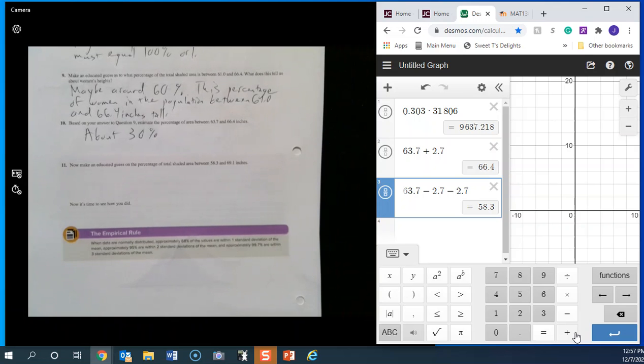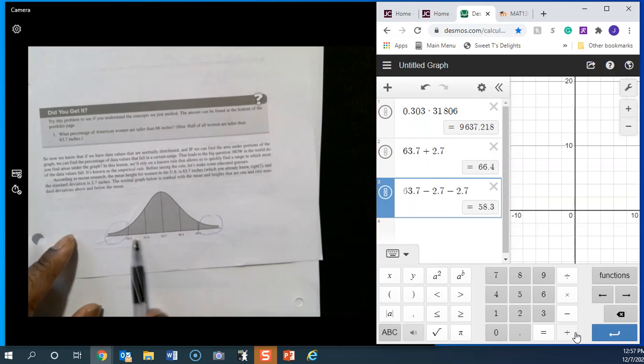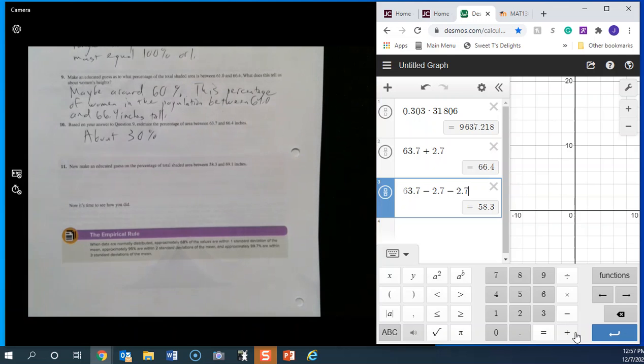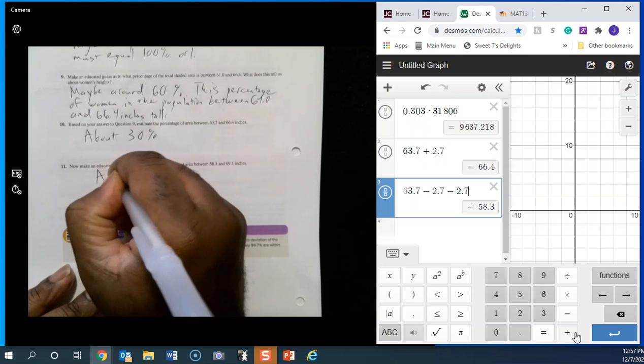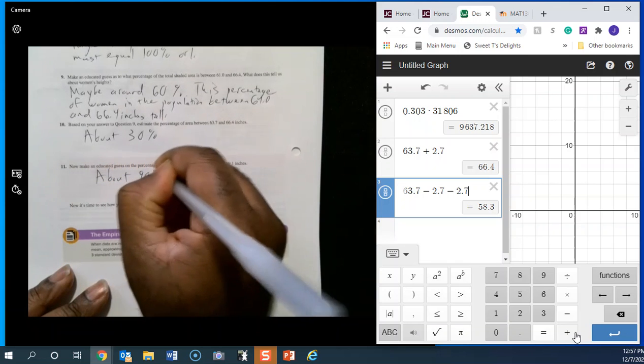Okay, now make an educated guess on a percentage of total shaded area between 58.3 and 69.1. 58.3 and 69.1. It looks like all of it except for maybe about 10%. So I would say about 90%.